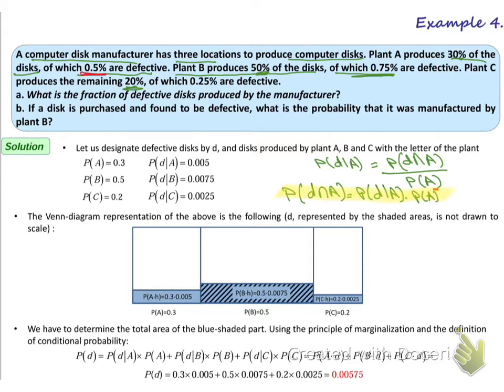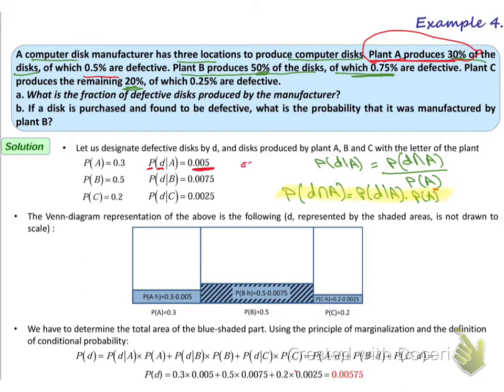The 0.5% here is the percentage of the defective, but within plant A. So it is given that this is the defective work in plant A. Let's make this one clear: the 0.5% are the defective work within plant A, given that they are produced by plant A. So this is the probability of defective work given that they are in plant A, which equals 0.005.